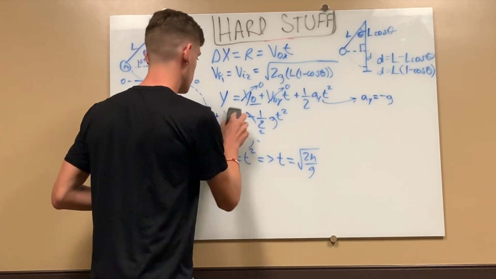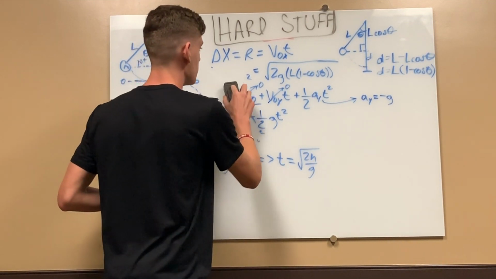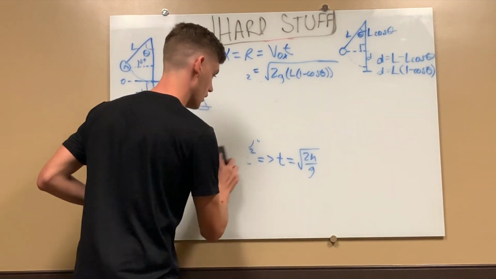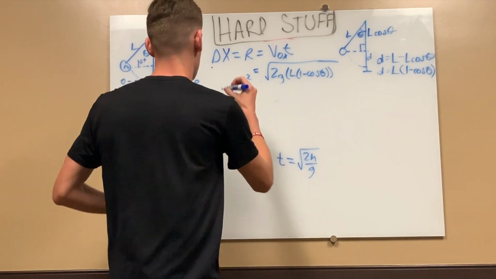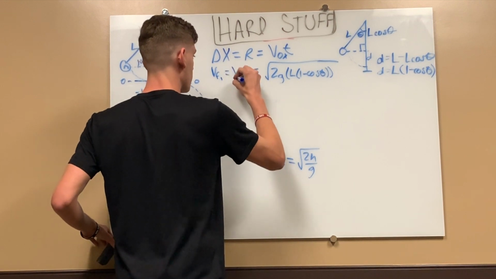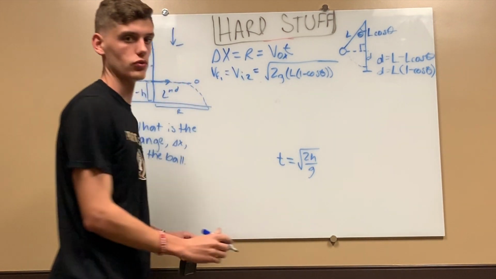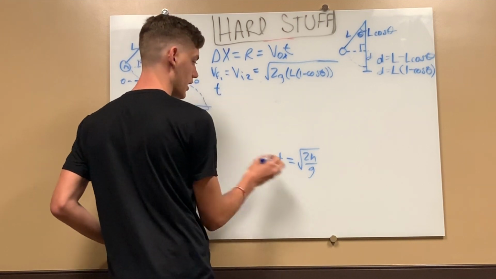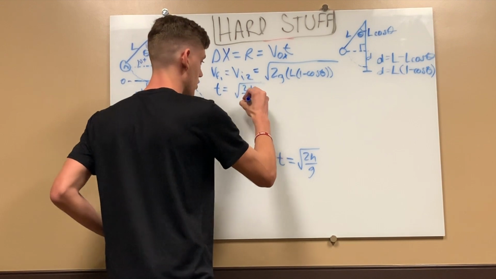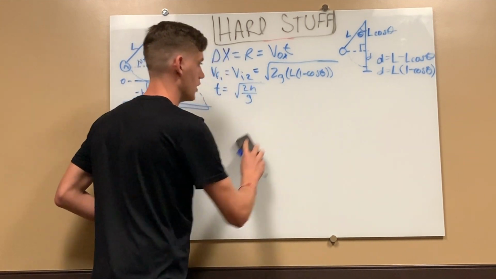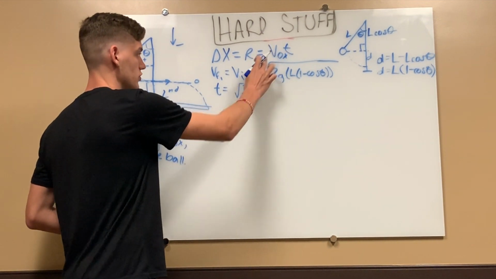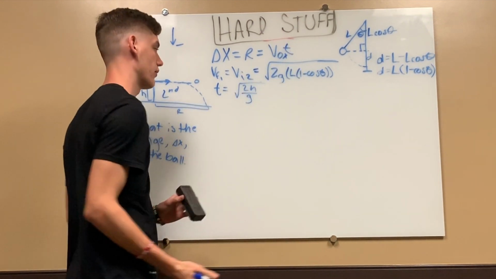So I'm going to erase this and keep the time in mind. So we said that the final velocity of system 1 equals the initial velocity of system 2. And now we have our time is equal to root 2h over g. So now to find range, we must multiply our initial velocity, which is what we have, times t, which we also have.